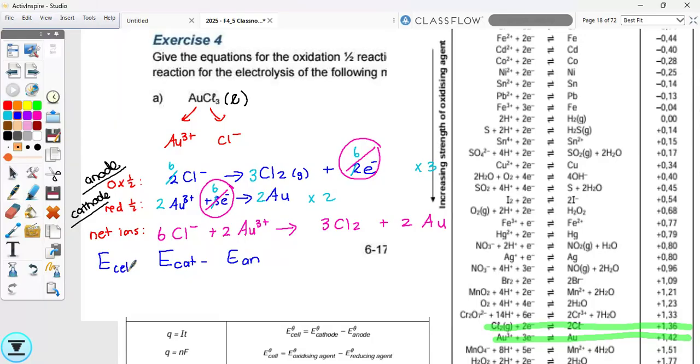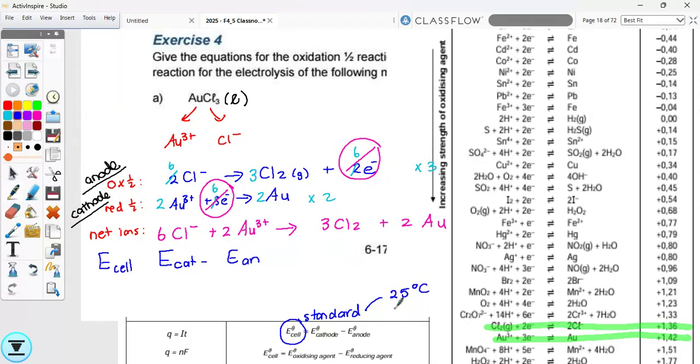Now, there are 2 other important things. You'll see there's a little theta there. That theta means that it's at standard conditions. These standard conditions are a little bit different to the other ones on your information sheet. Standard conditions here is room temperature, not 0 degrees Celsius. It's room temperature, which is 25 degrees Celsius.